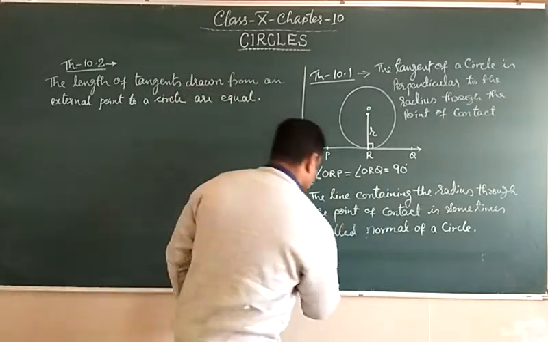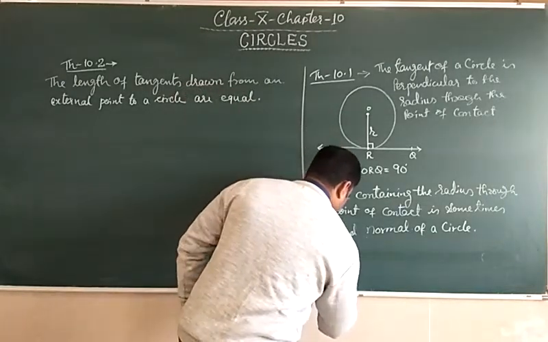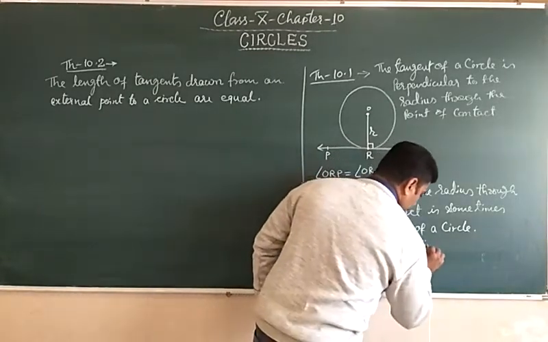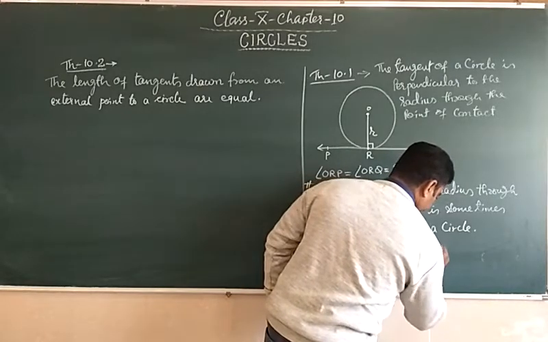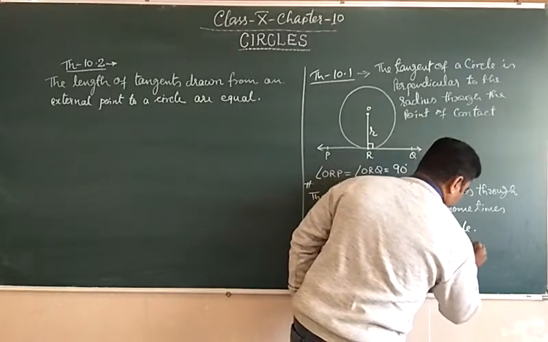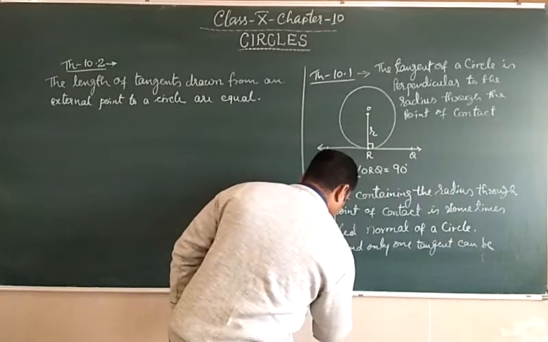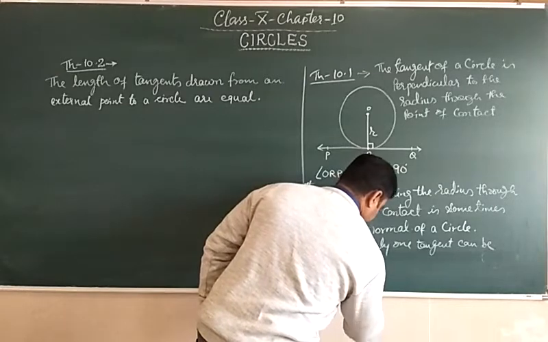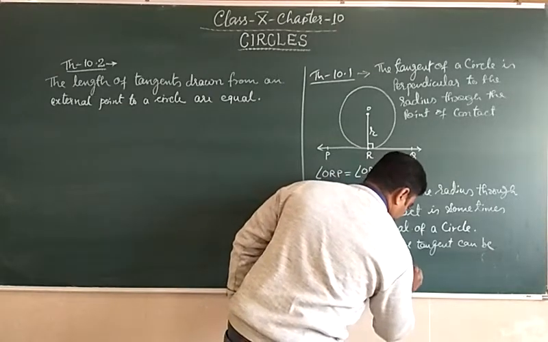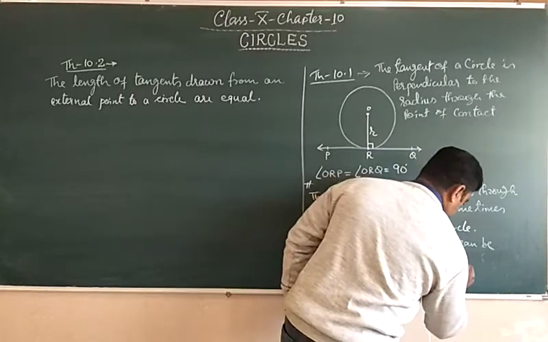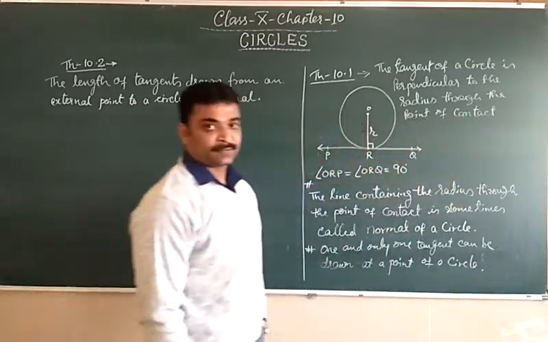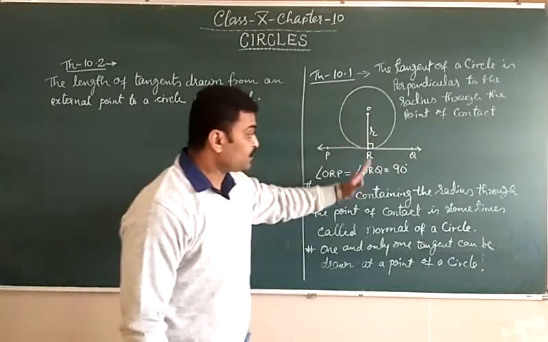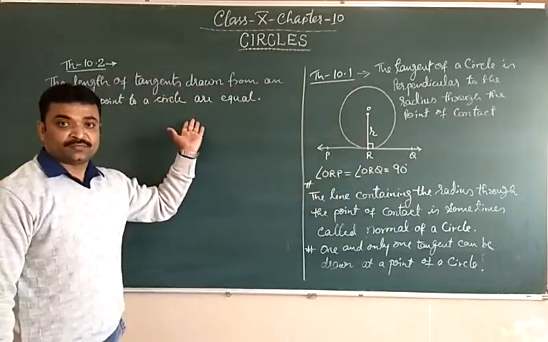And second thing, one and only one tangent can be drawn at a point of a circle. Now students, on the basis of this, we can prove this theorem.